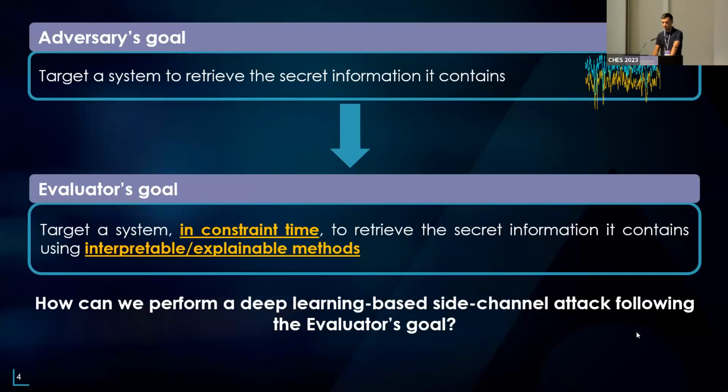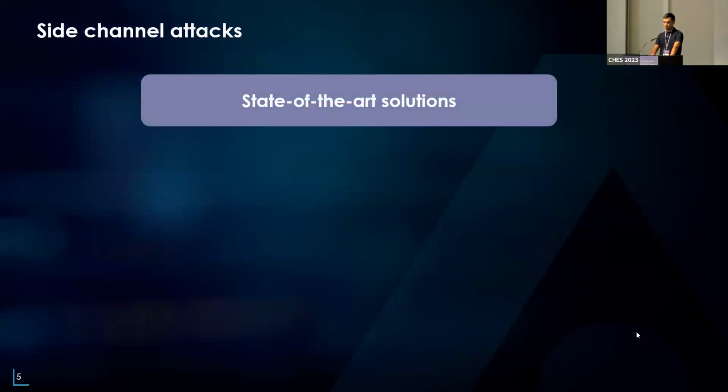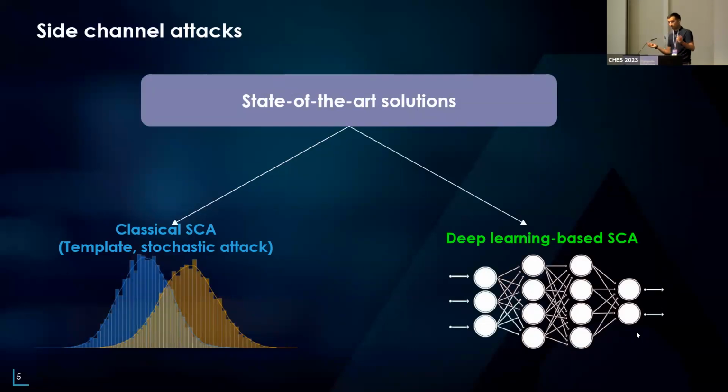Typically, to conduct a SideChannel attack, 2 main solutions can be considered: the classical one, such as template attack or stochastic attack, and the new kind of SideChannel attack based on deep learning. But in an evaluation context, each of those solutions has limitations and benefits.